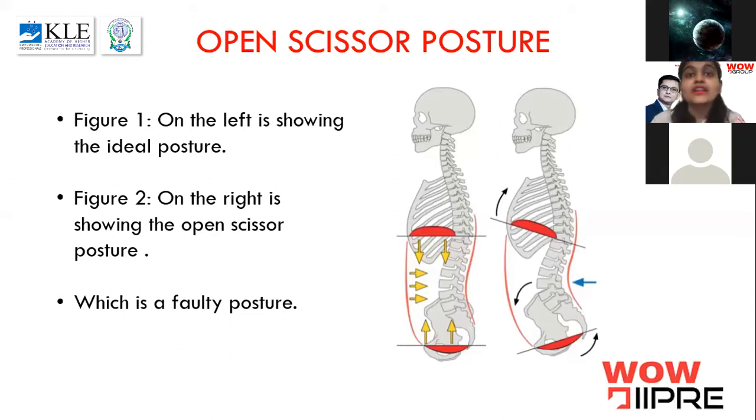They will be contracting to give room for the diaphragm to descend. That is the reason why many paraplegic patients whose abdominal muscles are not strong, or not innervated, have a problem with diaphragmatic breathing. We give them a corset and then have them do breathing.